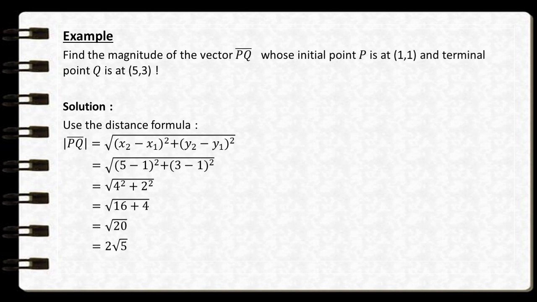So we get the square root of (5 minus 1) squared plus (3 minus 1) squared, equals the square root of 4 squared plus 2 squared, equals the square root of 16 plus 4, equals the square root of 20, equals 2 square root of 5.